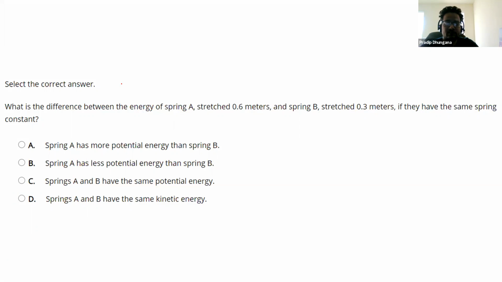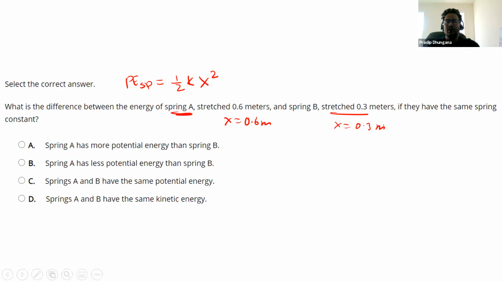Let me write that formula. Potential energy of spring, PE spring, is 1/2 times k, the spring constant, times x squared, where x is elongation. Here for spring A, x is equal to 0.6 meter. For spring B, x is equal to 0.3 meters. Use this information and try to answer this question, okay?